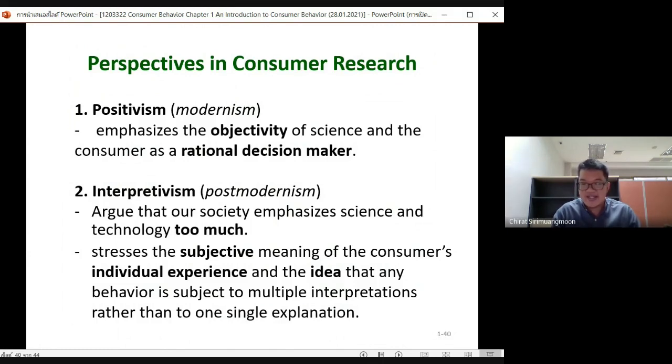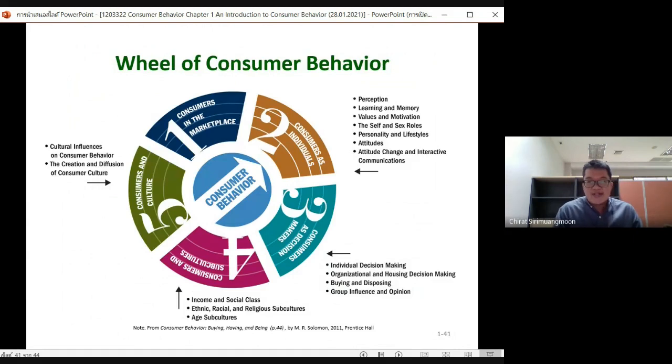And then they think the consumer's individual experience is a combination of many interpretations. It's not just a single explanation. Or in other terms, they said your behavior is the result of many activities combined together, not just one single activity.